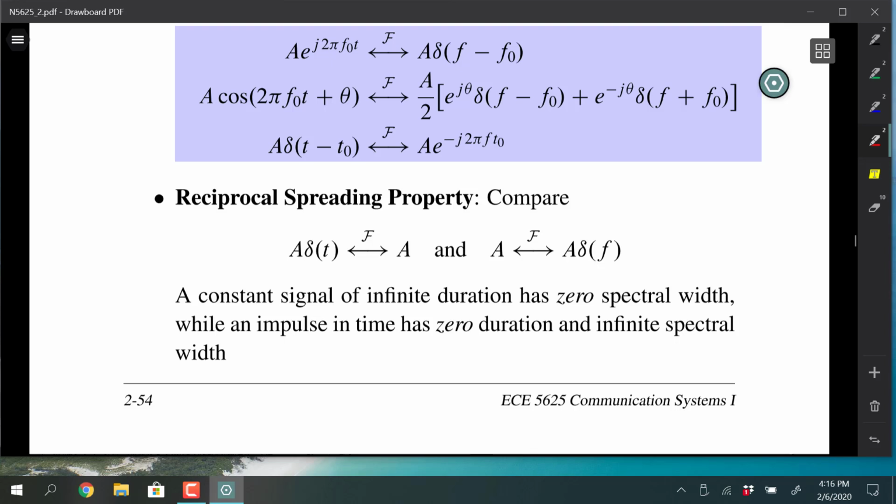So that's called reciprocal spreading. Even if it's got a finite time domain width, it will have some width in the frequency domain, and then if you let the time get longer in the time domain, it will get more compressed in the frequency domain, and vice versa. So short pulses tend to have wide spectra, wide pulses tend to have compact spectra. Does that make sense? Just the idea is reciprocal spreading.